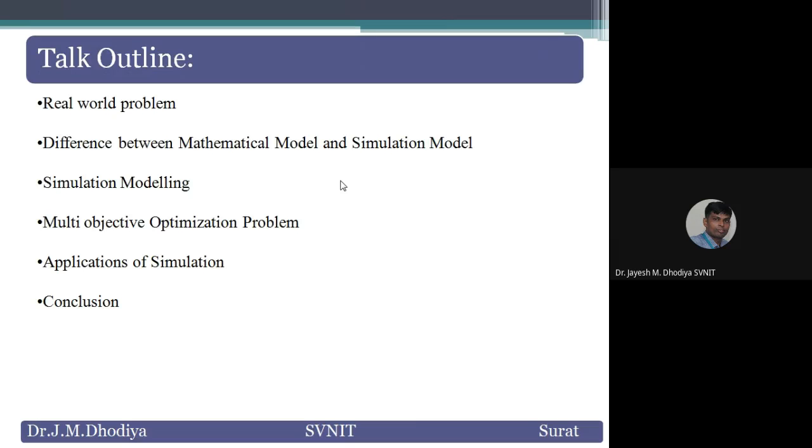The talk outline contains what exactly the real world problem is, the difference between mathematical model and simulation model, simulation modeling, multi-objective optimization problem, application of simulation, and conclusion.